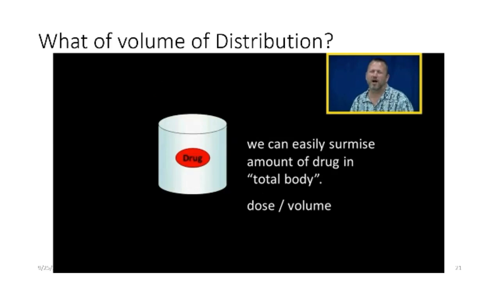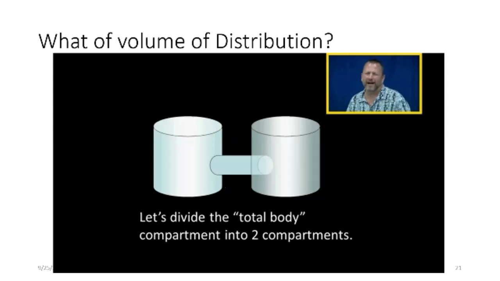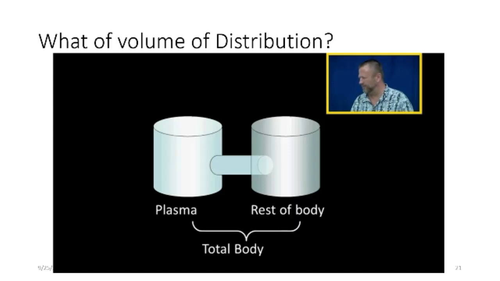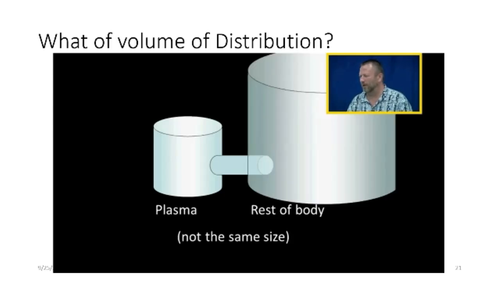And that can be described as a dose over a volume, which is a concentration. Well, now let's divide the total body water into two compartments. The plasma compartment, the liquid component of blood, and the rest of the body. These two compartments make up the total body compartment. The plasma compartment and the rest of the body compartment, they are not the same size.